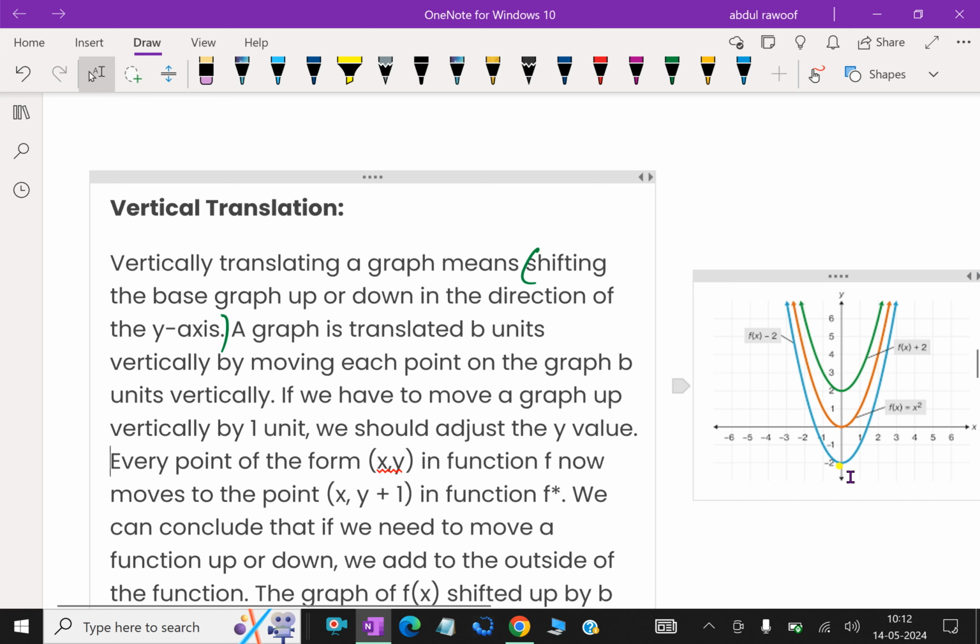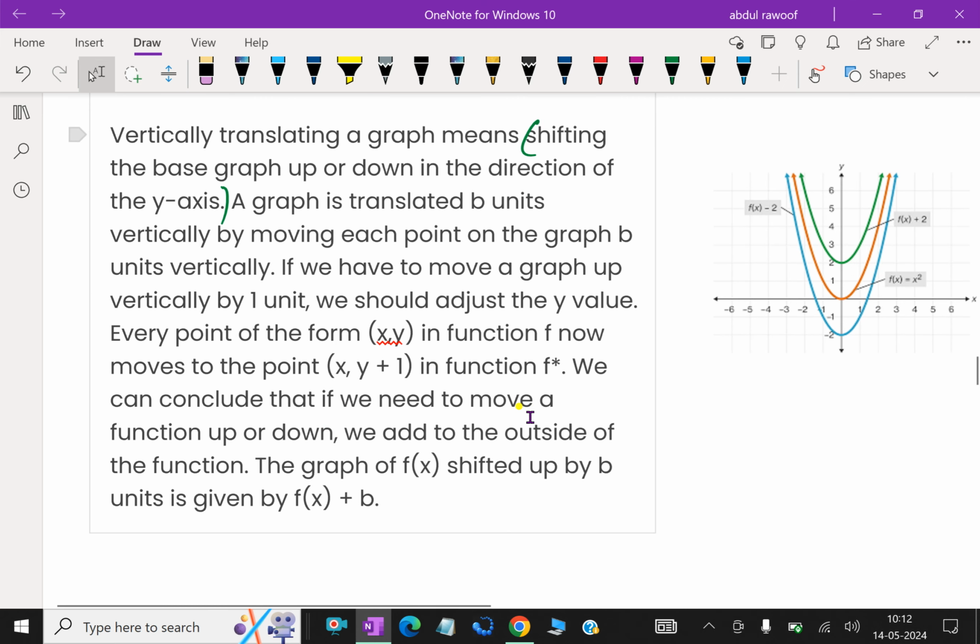it becomes f of x minus 2. And the base graph is f of x equals x squared. Then moving downward gives f of x minus 2, and moving upward gives f of x plus 2 here. A graph is translated b units vertically by moving each point on the graph b units vertically.